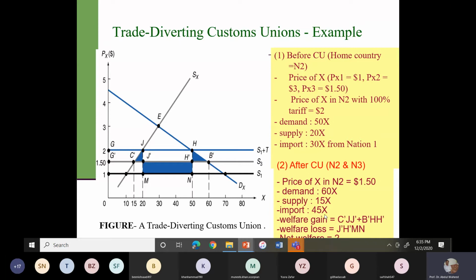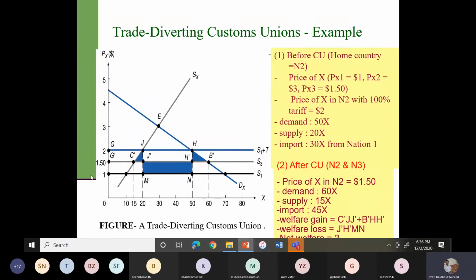Imports are 45X. So we can see that there is trade creation even if there is a formation of custom union with a high cost provider. Trade creation is there because imports increased from 30X to 45X. Then the question is, what happened to the welfare of this nation?